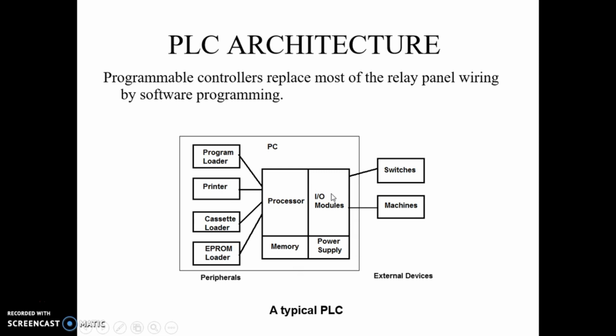For digital input, digital module is required. For analog input, analog module is required. Same way, the control are to be sent to field through output module to operate any machine. It is in form of either digital or analog.